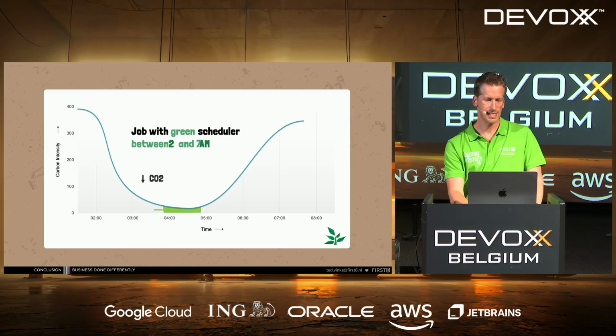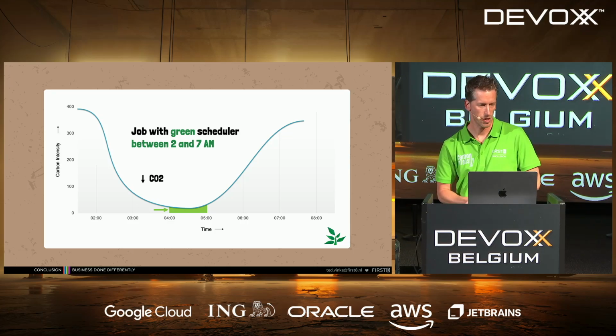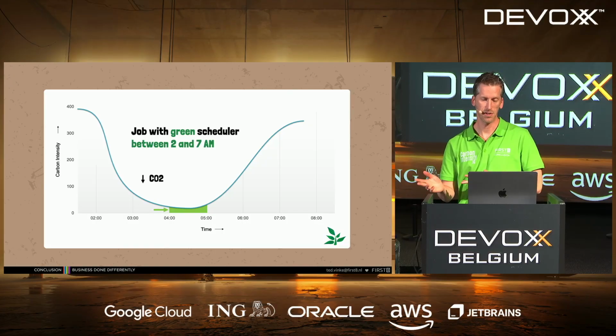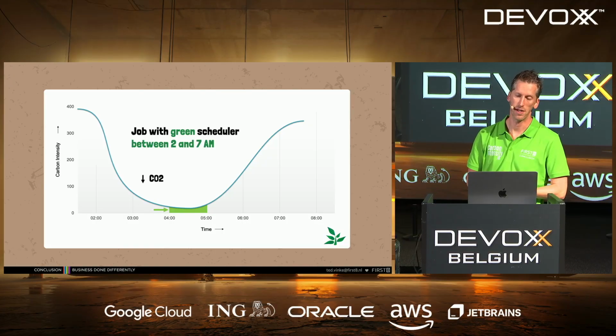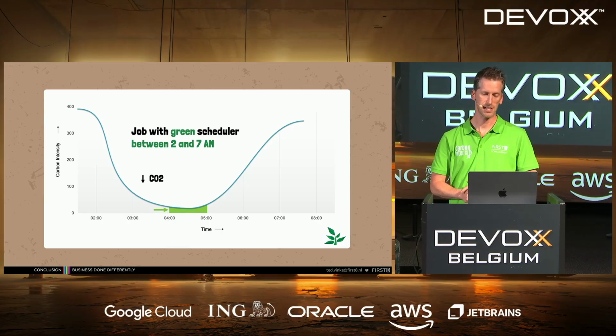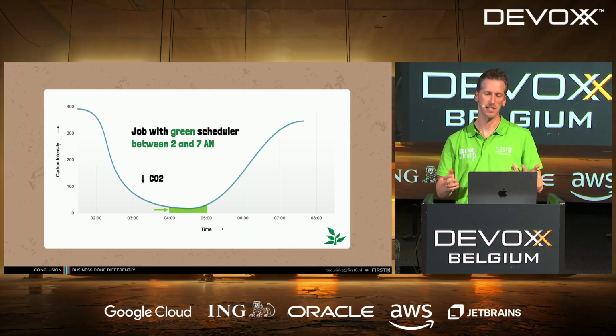So let's see time shifting in action. When we replace the logic with the green scheduler and a window between 2 and 7 a.m., the job is now scheduled later in the night, and it starts at 4 a.m. because the data from the API says that's the hour where the electricity produced has the lowest carbon intensity.